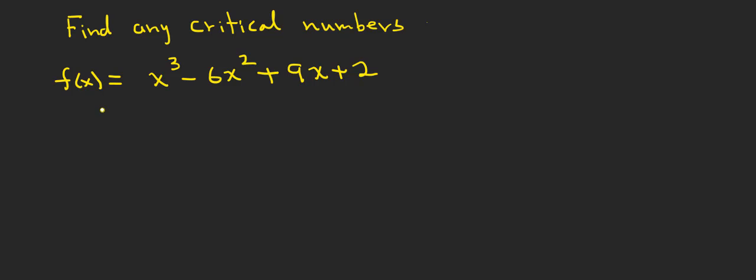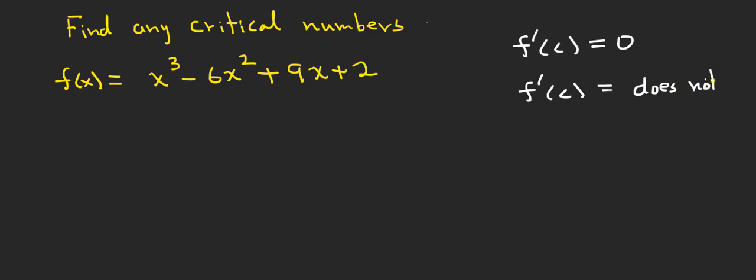So how do you find the critical numbers of this function? Well, you know that the critical numbers happen when f prime of c is equal to 0 or f prime of c does not exist.